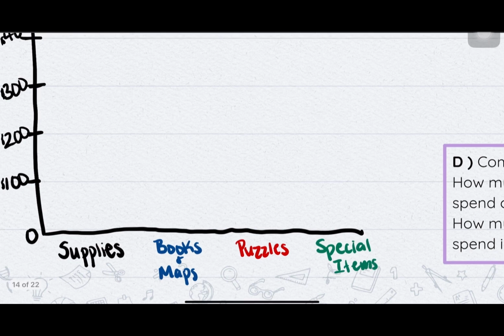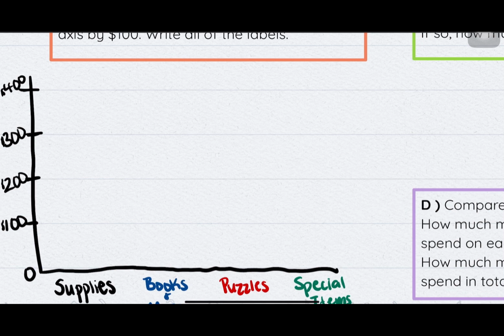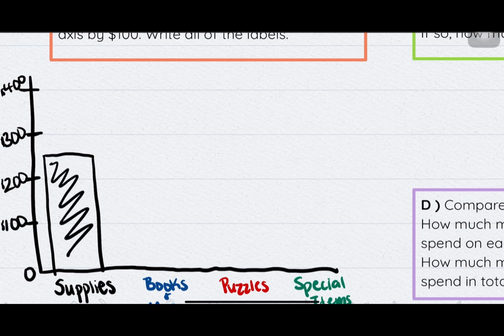So for supplies, we had a total of $248. So this will put our graph right at a little bit under halfway between 200 and 300. For books and maps, we had 391, so that'll put us right below 400. So we'll go right here.